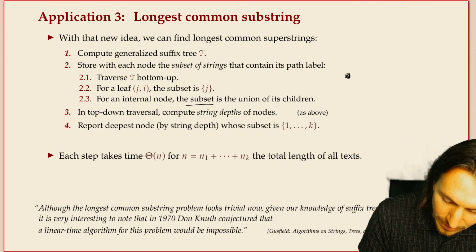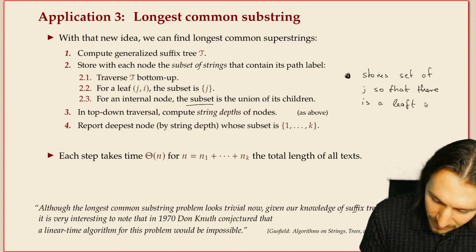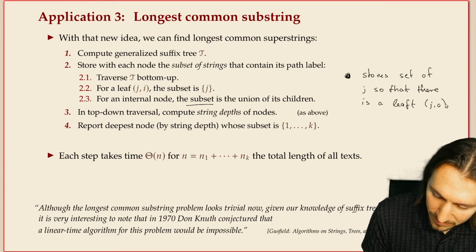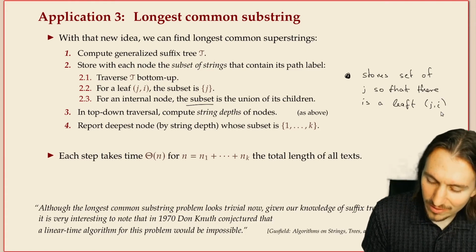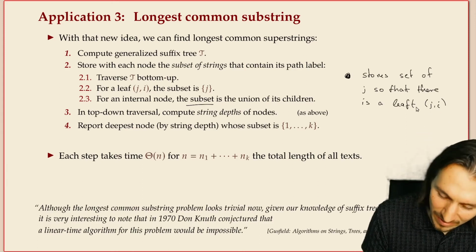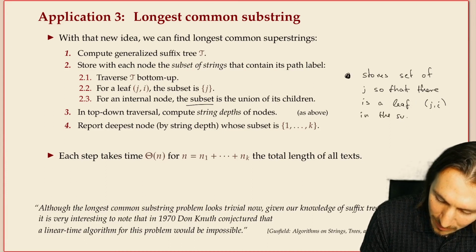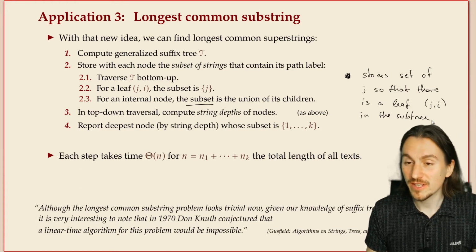So each node stores the set of numbers j so that there is a leaf (j, i), the suffix that starts at position i in string j, in the subtree. Okay, that's the idea.